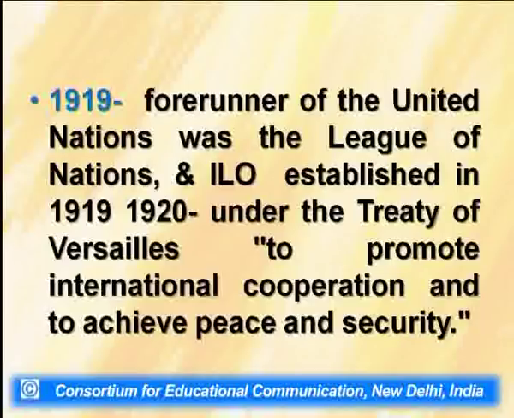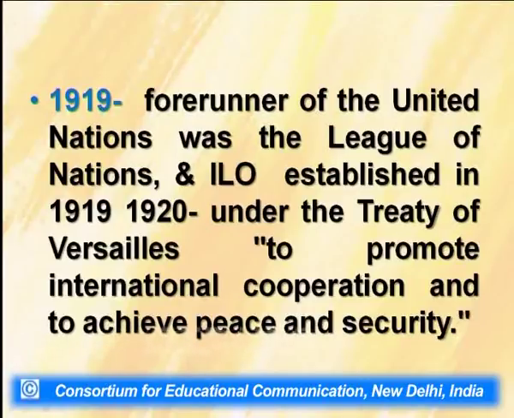Now, the year 1919, dear listeners, this is very essential because the forerunner of the United Nations, that was the League of Nations, was established. Following the same year, under the Treaty of Versailles, the International Labour Organization was established in 1920.